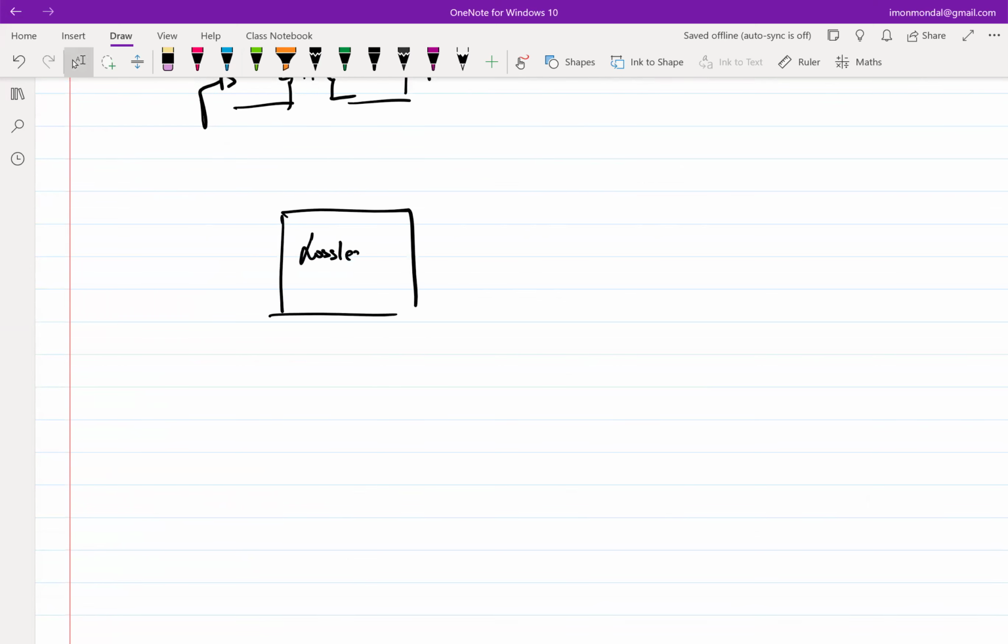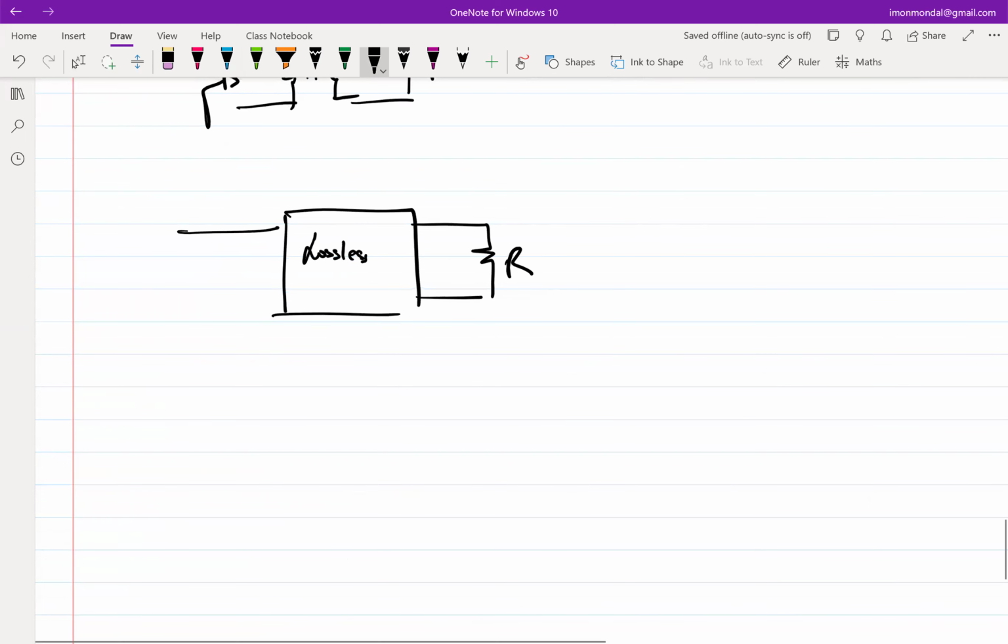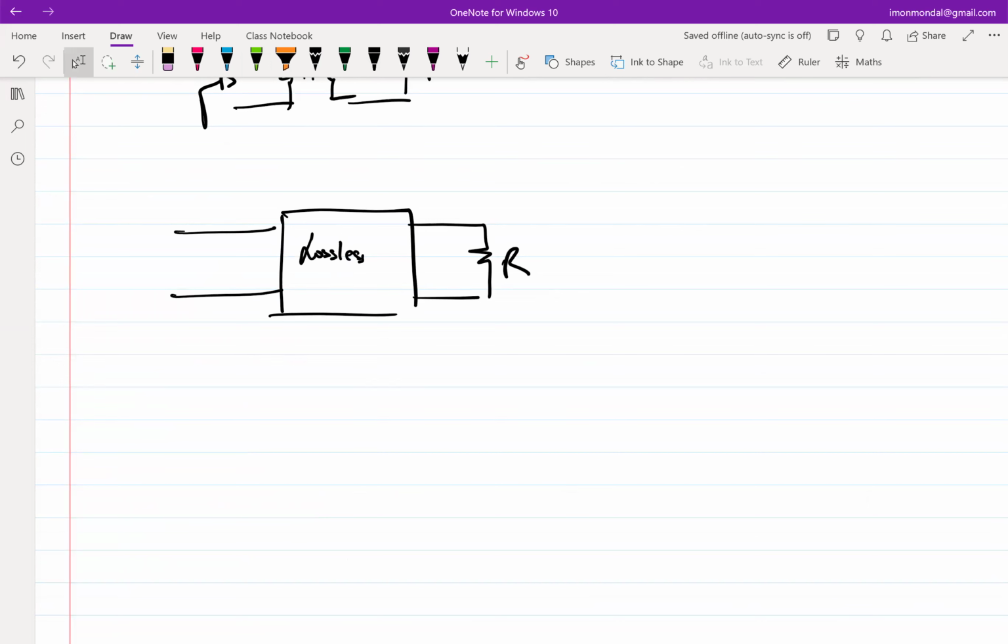Again, this is lossless. And if I want to step down a current, my main variable of interest at the input port, I say is I in. And let's say the current through this is I in over N. Right?